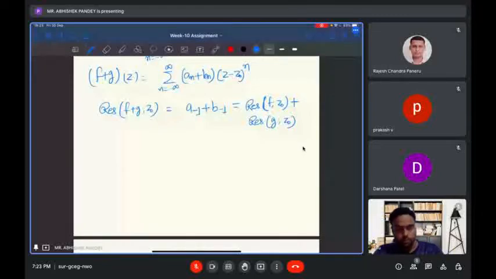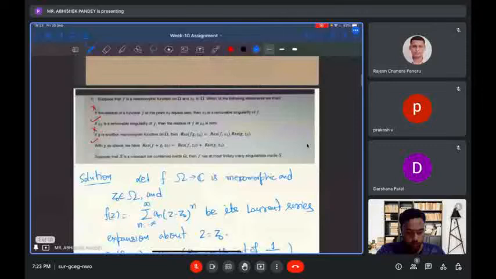So let us look at the fifth option. Suppose that S is a compact set contained inside omega, then F has at most finitely many singularities. Okay, so this is also true.